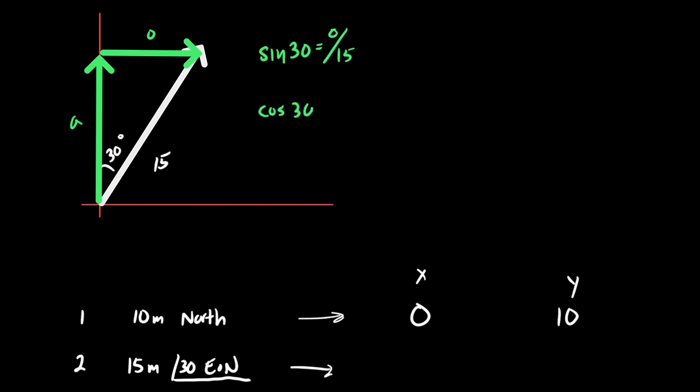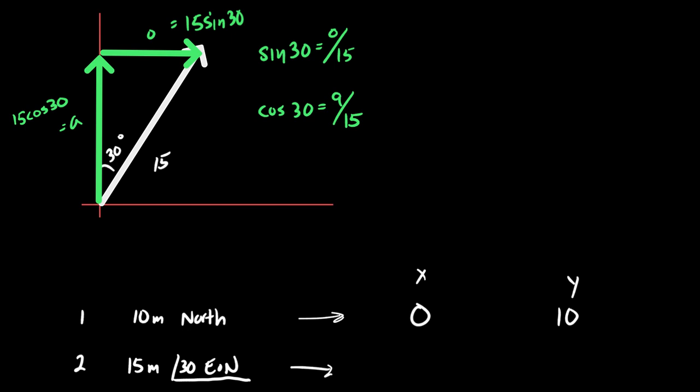Cosine of 30 equals adjacent over hypotenuse. So opposite equals 15 sine 30, and adjacent equals 15 cosine 30. From now on, I'm not doing the trig like that. I'm just going to list out the trig, okay?